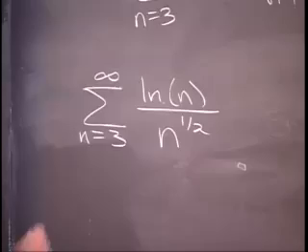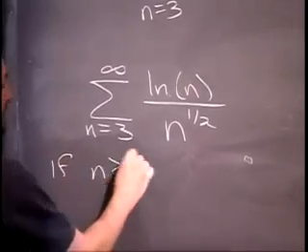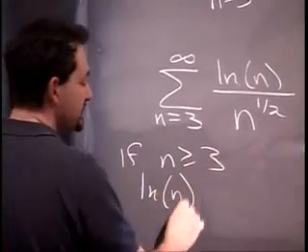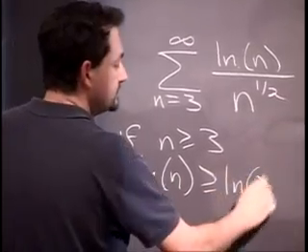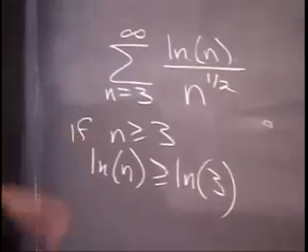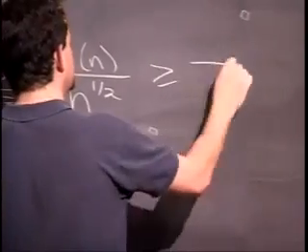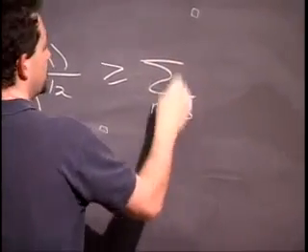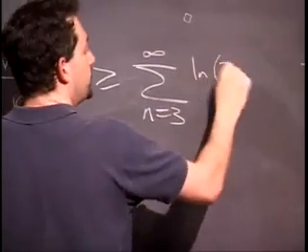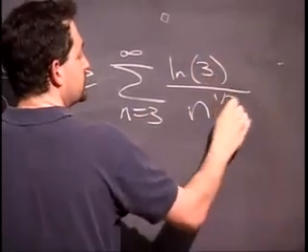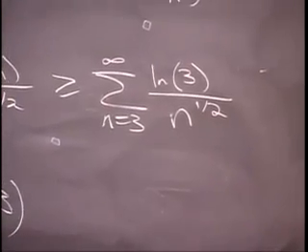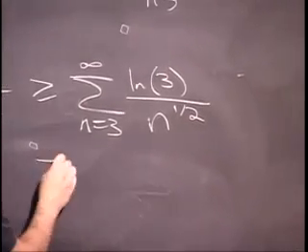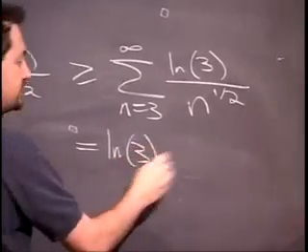So if n is bigger than or equal to 3, log n is bigger than or equal to log of 3. So I'll just do a really simple comparison with log 3. Log 3 is just a constant, so I'm going to pull it out. It's quite irrelevant.